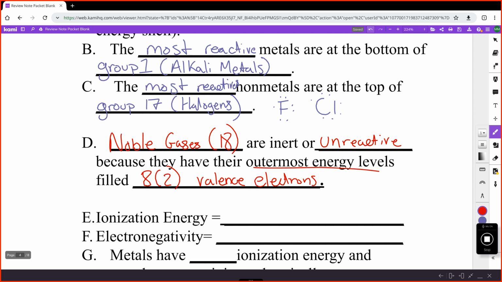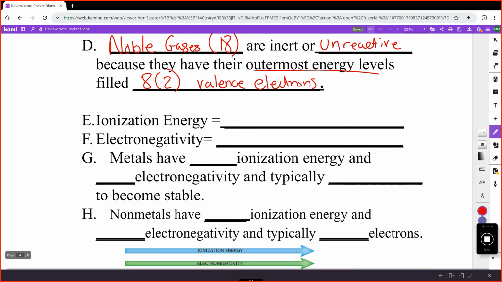A couple of terms that were very important for this unit were ionization energy and electronegativity. And most people get them confused. So the ionization energy is the energy to lose an electron. How much energy does it require to pull an electron away from the nucleus? That's ionization energy.